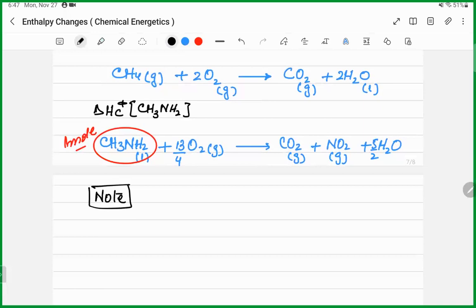as I said, the combustion product of carbon is carbon dioxide, the combustion product of hydrogen is water, and the combustion product of sulfur is sulfur dioxide.